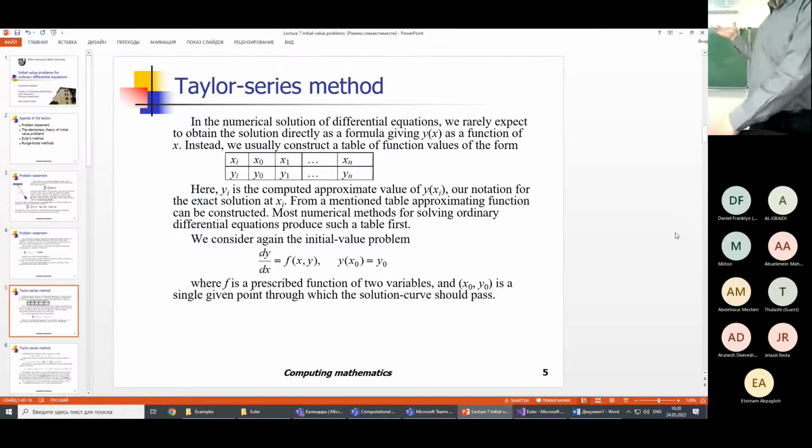But how to solve this problem numerically? How to get an approximation to the exact solution? And what will this approximation be?